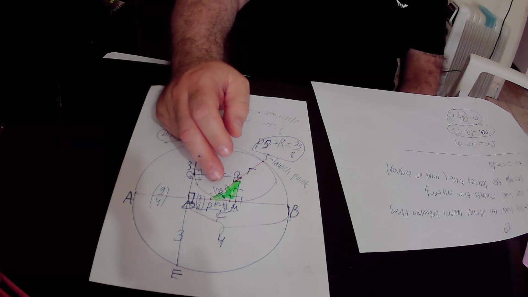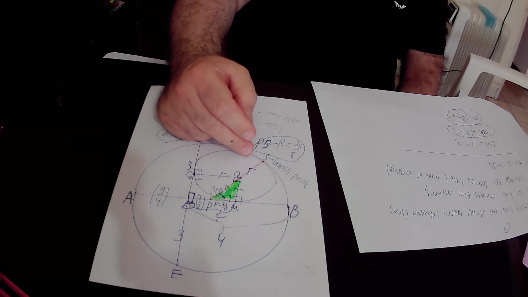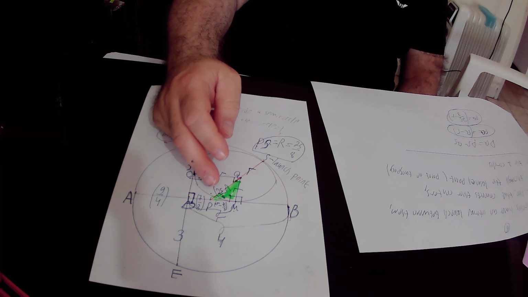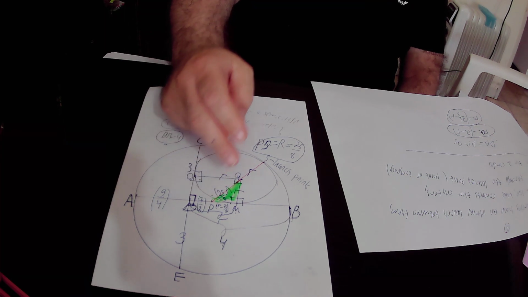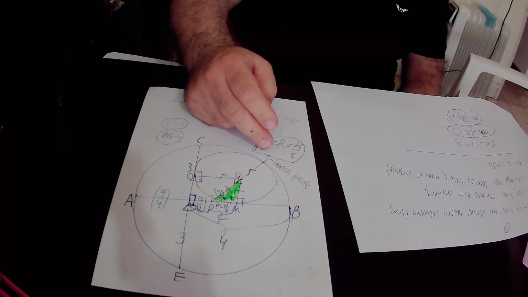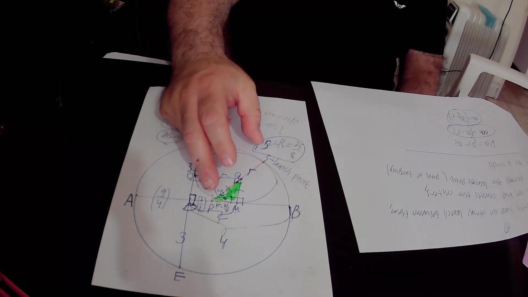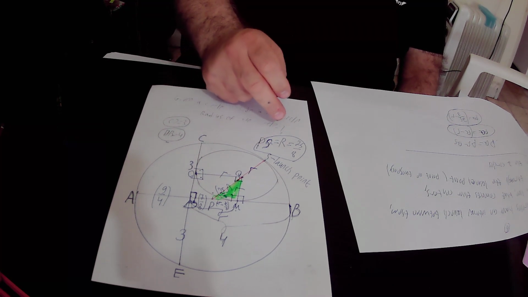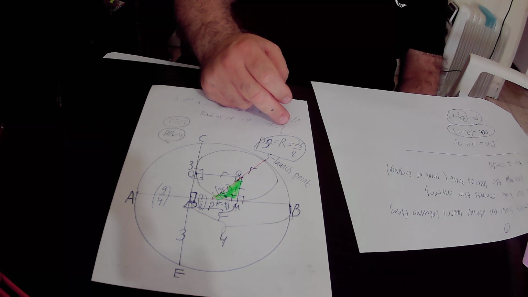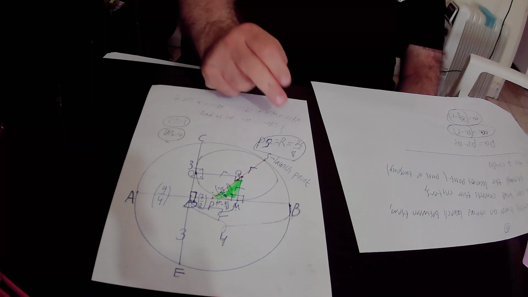So here, what is the definition of line segment PS? Point P is the center of the big circle. Point S is a point on the big circle itself. This is exactly the definition of a radius. That is to say, PS equals the radius of the big circle, capital R, that is 25 over 8.